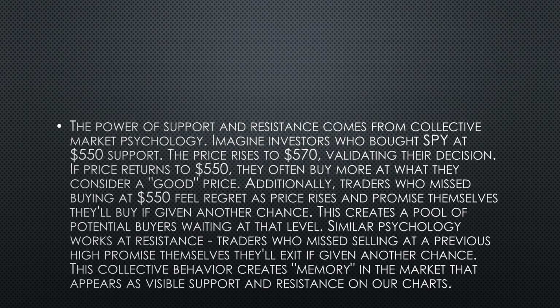Imagine buying the SPY at 550 and watching it rise to 570. Then it drops to 550. You're likely to buy because it feels like a good deal again. Similarly, traders who missed selling at 570 will jump in given another chance. This collective behavior creates self-fulfilling zones of activity that we can exploit as traders.